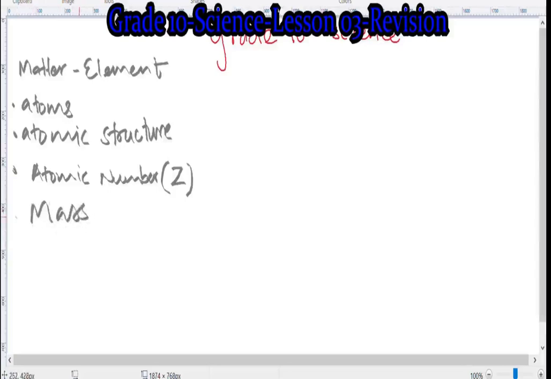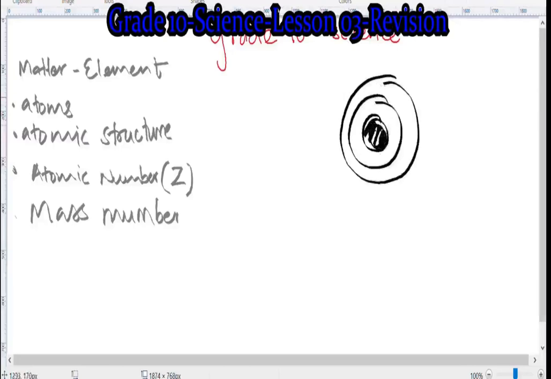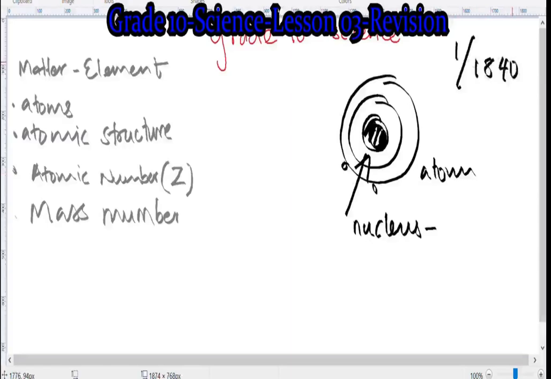Then you have mass number. What is mass number? Okay, remember guys, I told you all that the mass of an atom is given by the nucleus, because electrons are so light. Remember the comparisons, over 1/1840 times smaller than a proton or a neutron.